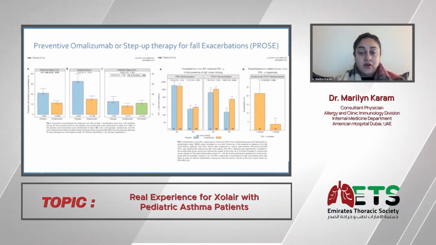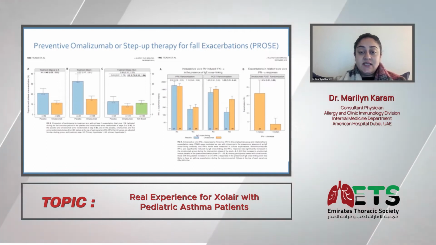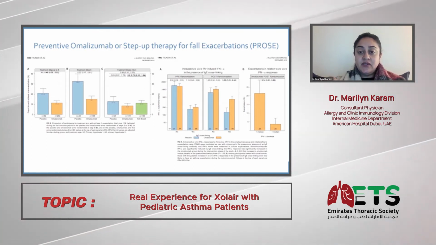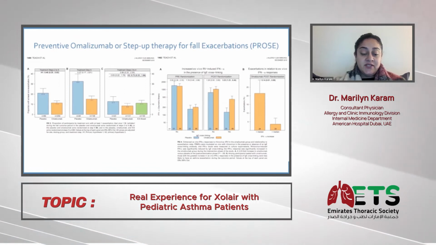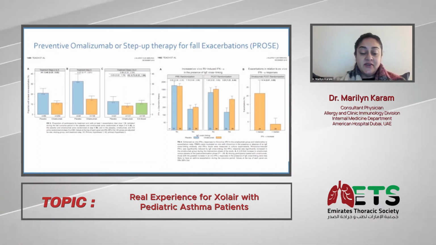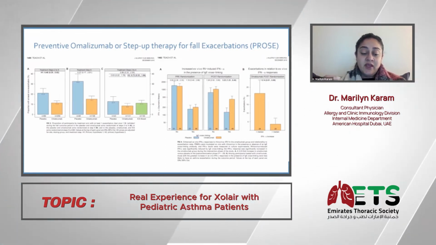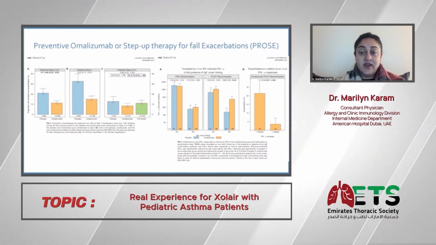Also, when you look on the right-hand side, we see the rhinovirus-induced interferon gamma levels. Our immune system naturally, when you have rhinovirus, increases the interferon gamma levels. So in the omalizumab group, there was an improved interferon gamma production specific to the rhinovirus.